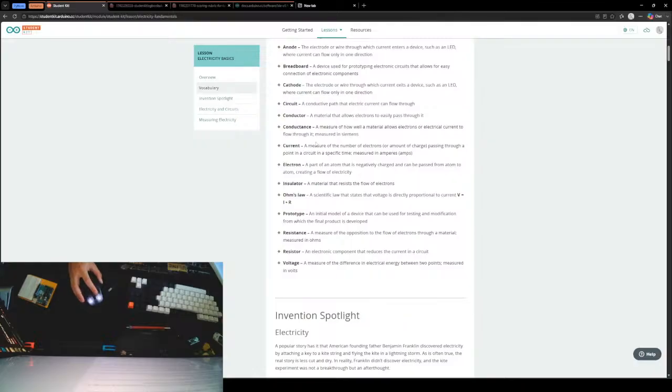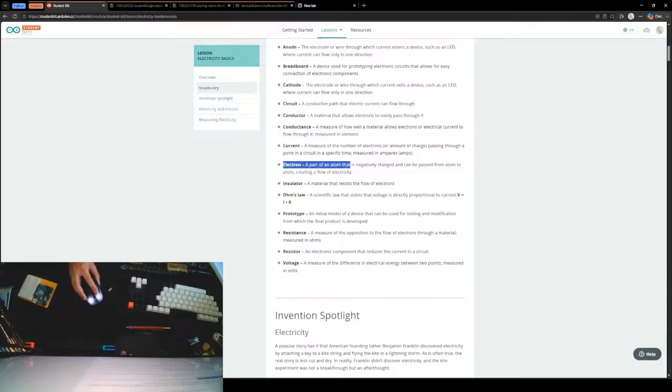Current: a measure of the number of electrons or amount of charge passing through a point in a specific time, measured in amperes, amps.